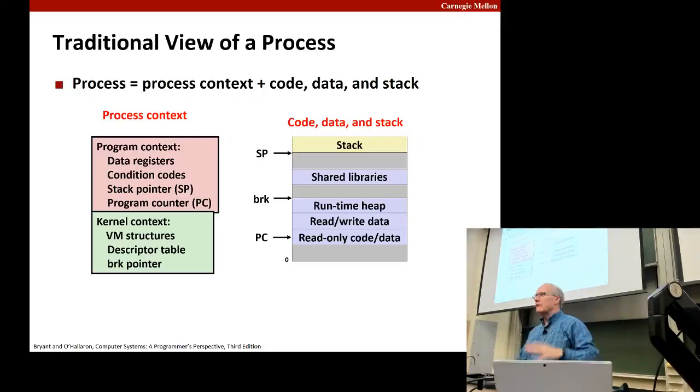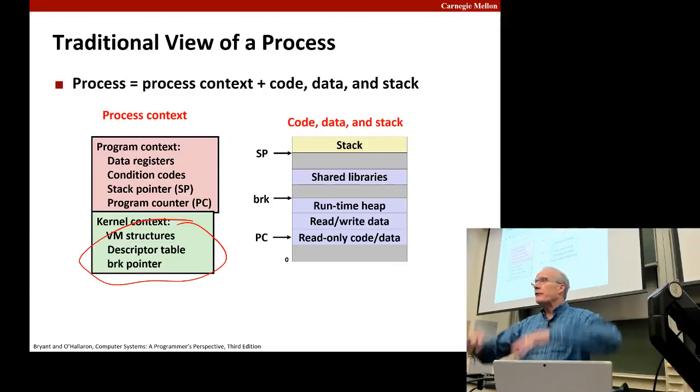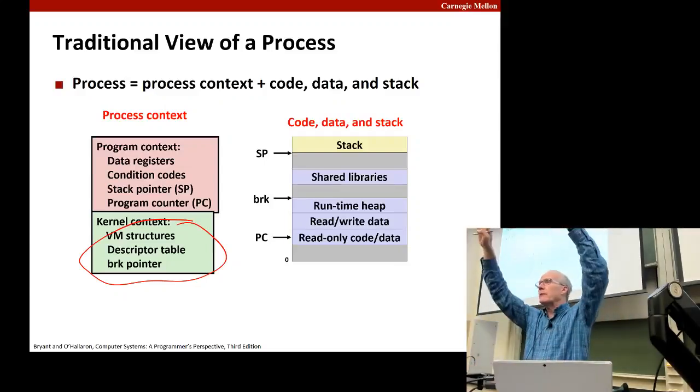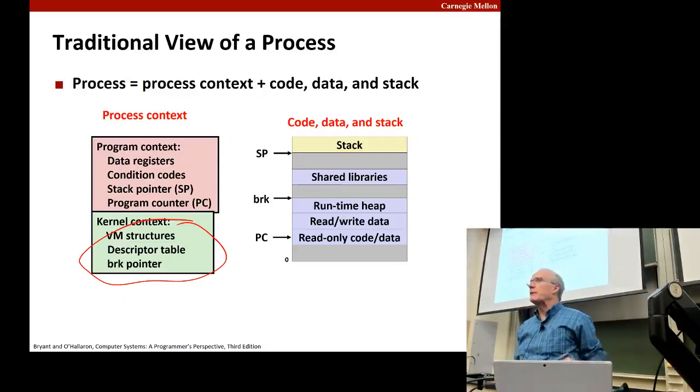And so that's the data associated with the program. And then there's the other part here, which is what defines this particular process. There's all the registers, including condition codes, stack pointers, program counter, and then all the various data structures that are maintained for you by the operating system kernel. And as we saw before, those are mapped into the same address space, but up in regions of the address space that you don't have access to.